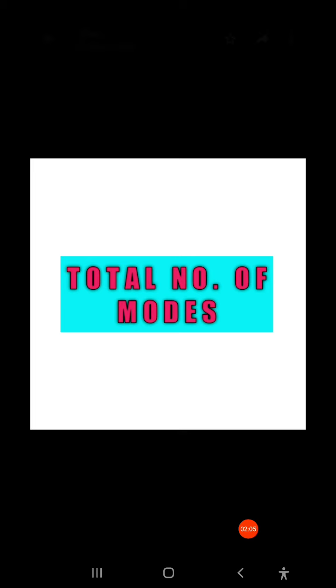When capital V is a large value, we can express the number of modes in terms of V. The expression for number of modes is capital M equal to 1 by 2 of (2 pi a by lambda) whole square into (n1 square minus n2 square), that is equal to V square by 2. So the number of modes, capital M, can be expressed in terms of capital V.